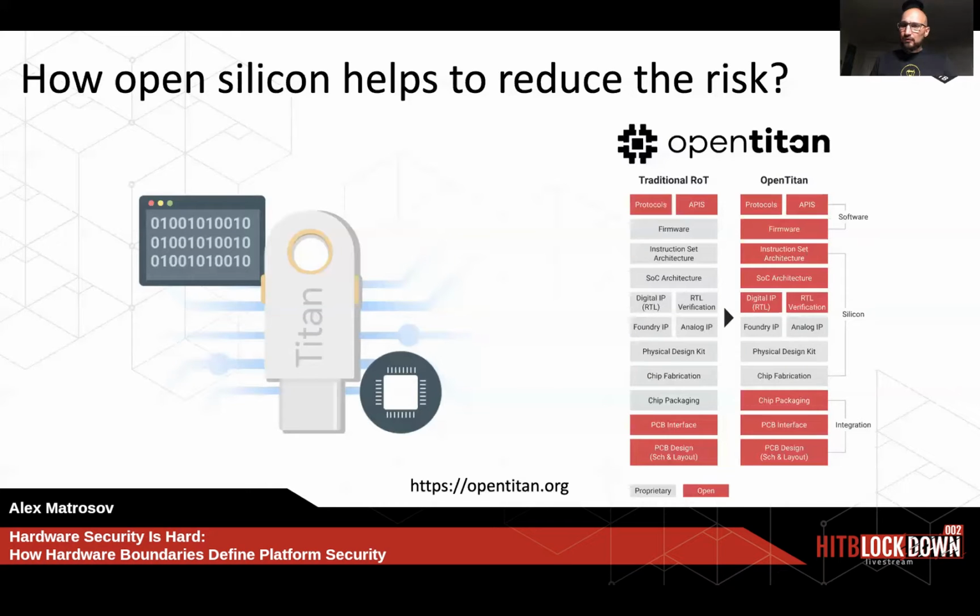But anyway, we have some IPs from third parties, which is still a blind spot. And chip fabrication and production is also based on third-party fabs, right? But anyway, it makes a huge difference compared to traditional root of trust chips. And that's why cloud providers try to gain this transparency for themselves.